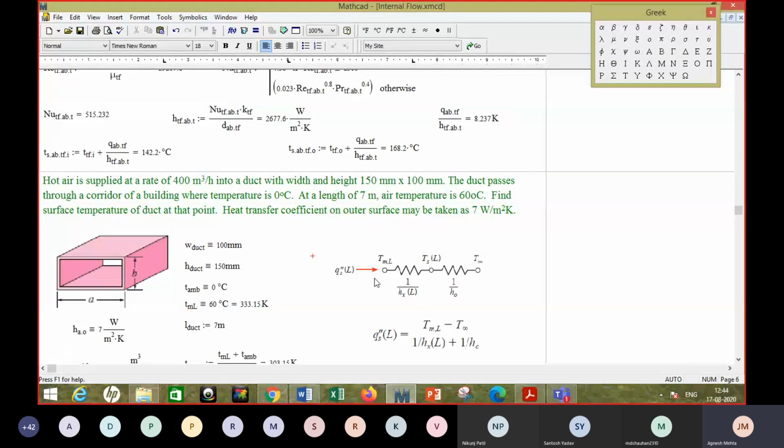So this may be considered to be a heating application. Like in cold regions, the ambient temperature may drop to a very low value. So you want to provide or supply heated air into different occupied areas. So you are using this duct for supplying the air into those areas.